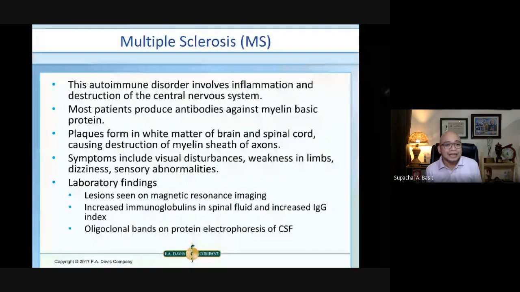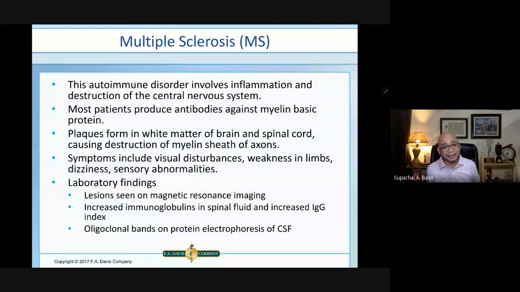So, laboratory findings will include lesions as seen on MRI. And then there would be an increased immunoglobulin in the spinal fluid and increased IgG index. So what is the IgG index?